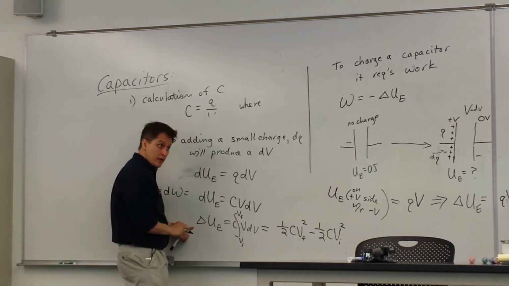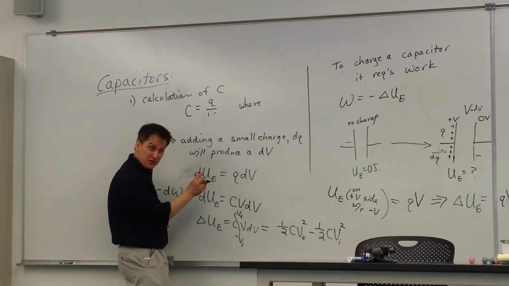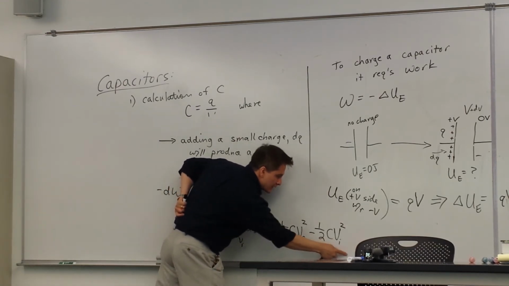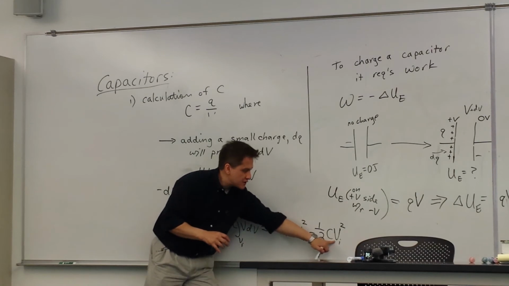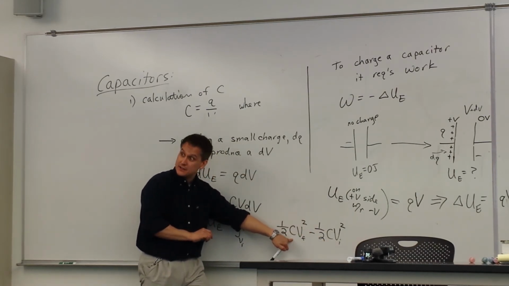The amount of stored energy in a capacitor, which is opposite the work done by the electric field against pushing those charges there, is related to the difference between the squares of the voltages, 1/2 times the capacitance.